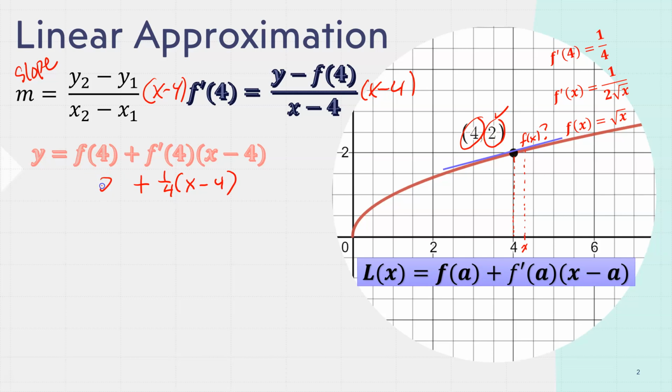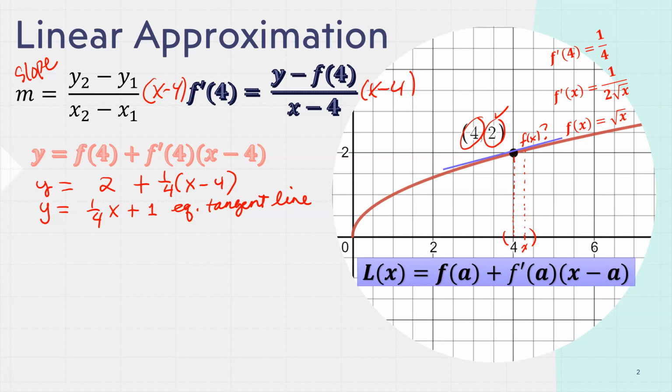Clean that up, and you will have y is equal to 1 over 4 x plus 1. That is the equation of the tangent line, and we call that the linear approximation of function values near 4. So how near is near? That's something that we're going to discuss in this chapter.